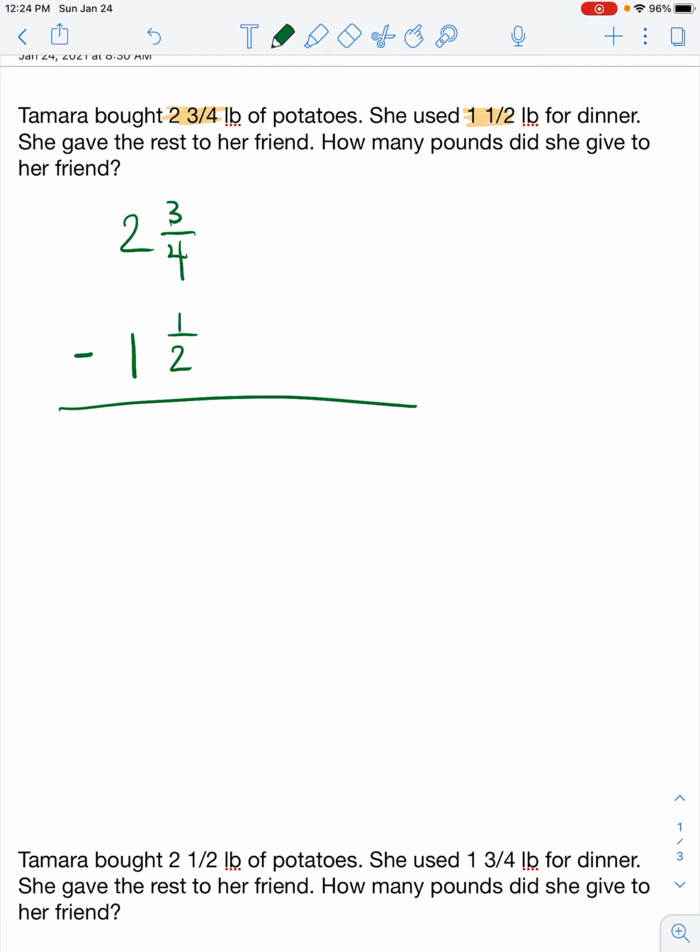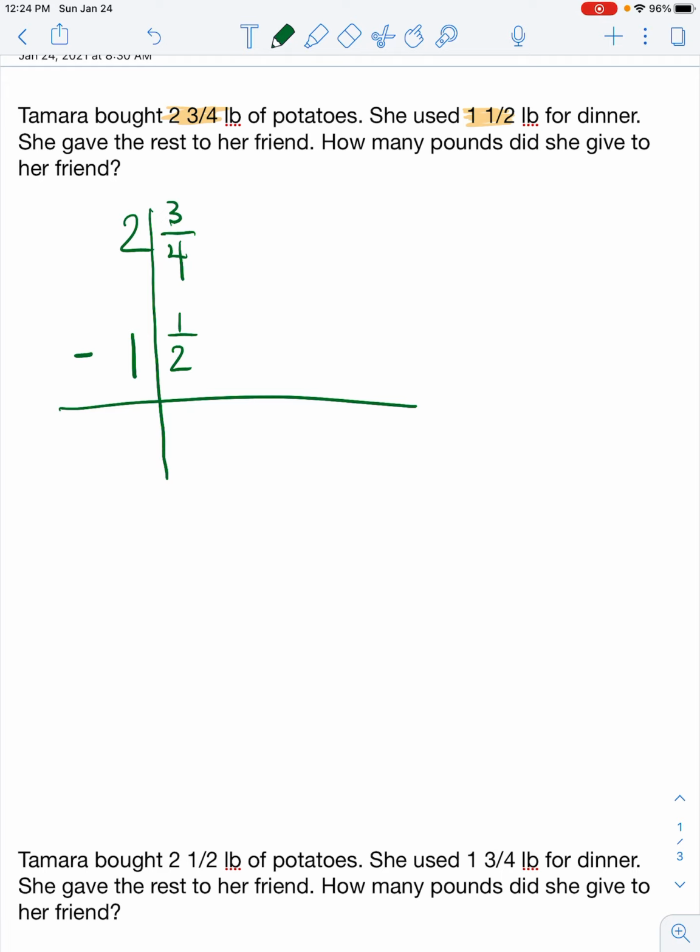Now, if you remember, in addition, we're going to treat this as two separate problems, but there's a difference. In this case, we're not going to subtract our whole numbers first. First, we're going to subtract our fractions.